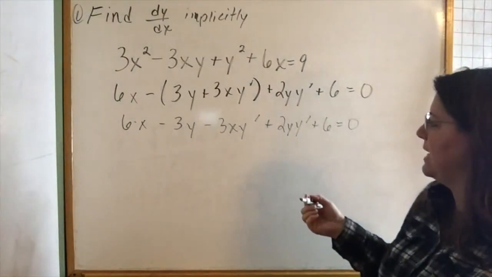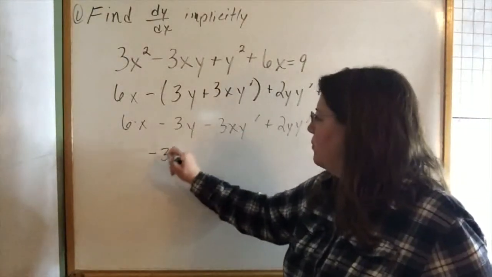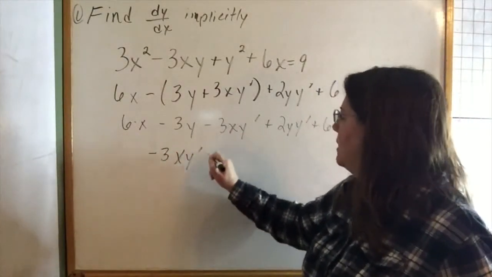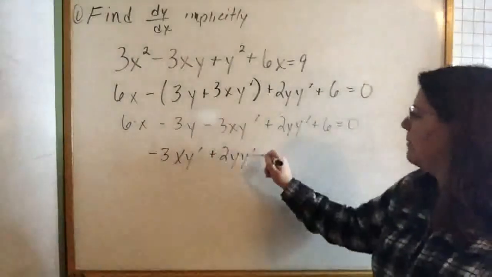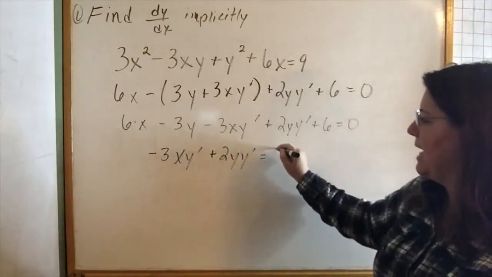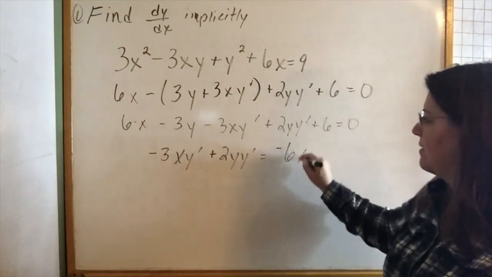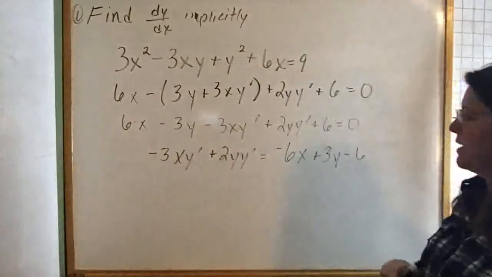So I'm going to keep the negative 3x y prime plus 2y prime on the left, and I'm moving everything else to the right side. So I've got a negative 6x plus 3y minus 6 on the other side.